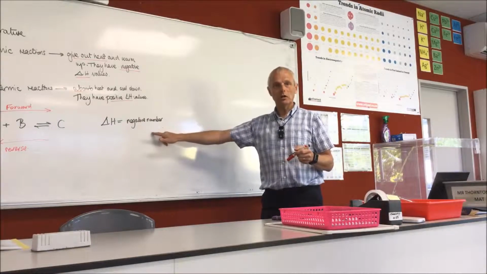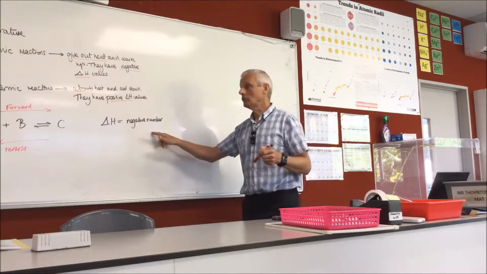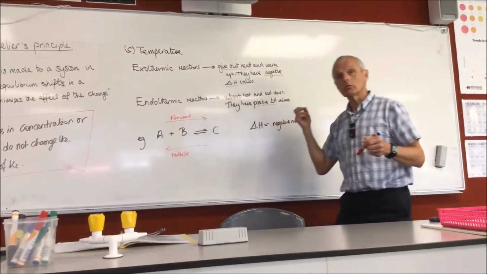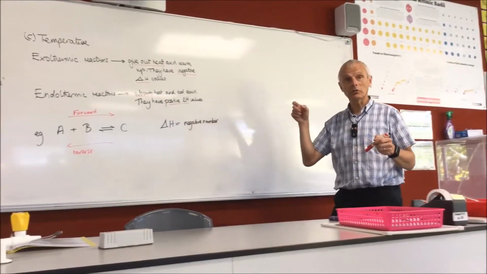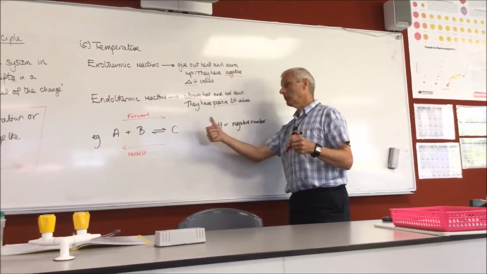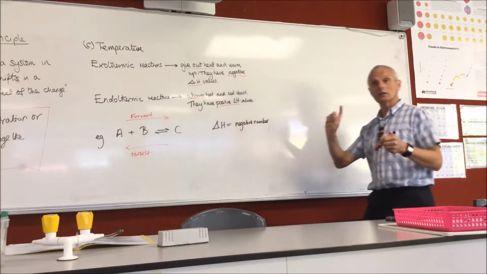Which one does that apply to? The answer is quite straightforward. By convention, we always put the value here that relates to the forward reaction. So anything here relates to the forward reaction only. The reverse reaction is just the opposite of it. So if it's, say, minus 100, it would be plus 100 for the reverse. So they're exactly compatible.